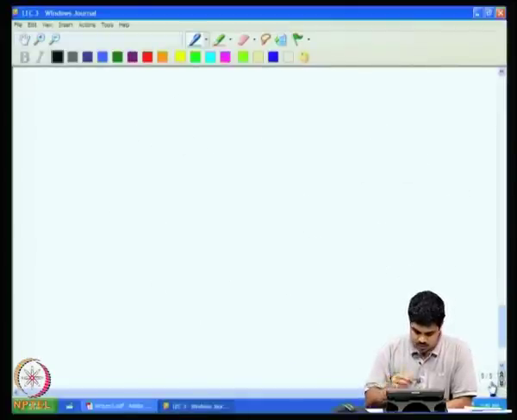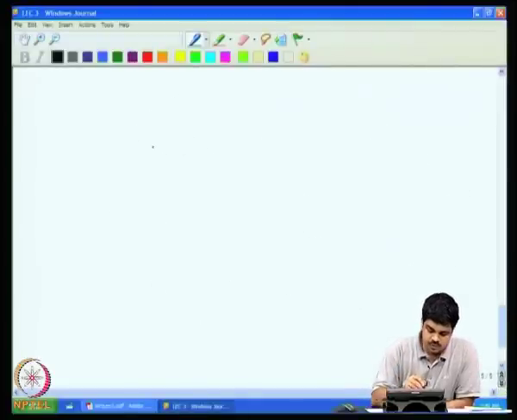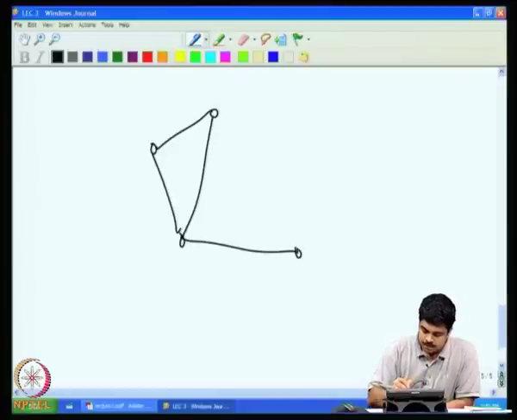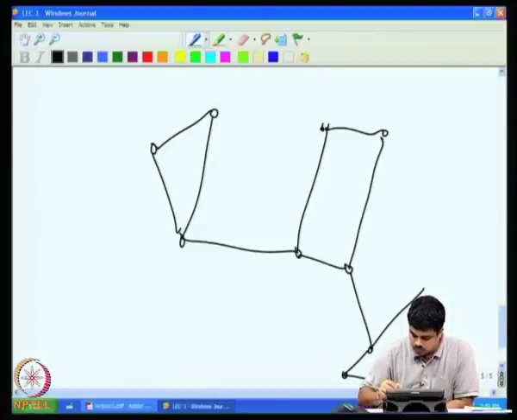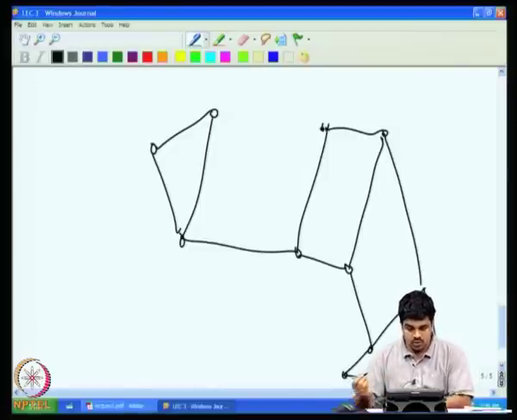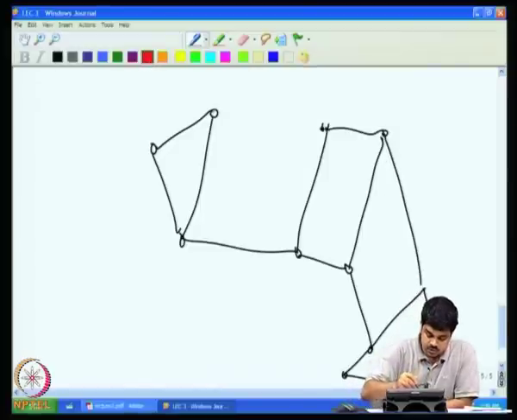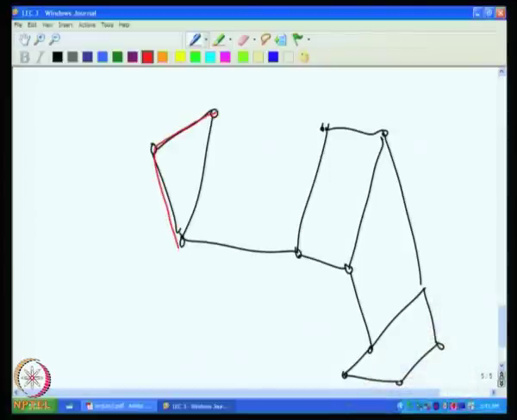For instance, look at this vertex. A cycle cover of this graph can be marked like this.